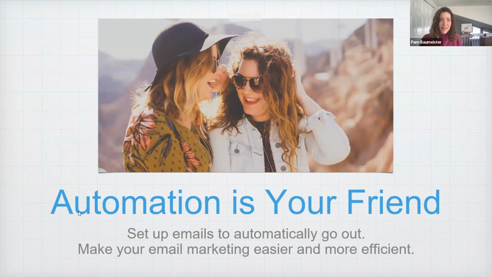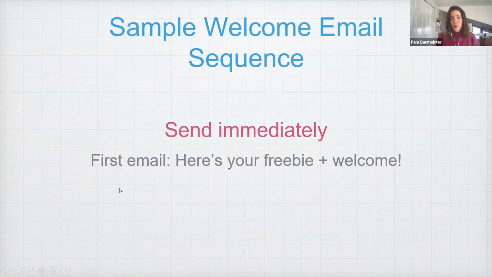Go to the next slide. So I'm going to give you a sample welcome email sequence that you can use. The very first thing you want to do is have something that goes out immediately. It doesn't have to be long. It either brings the freebie to them, if you don't have a thank you page, or, you know how sometimes you sign up for things and then you forget about it?